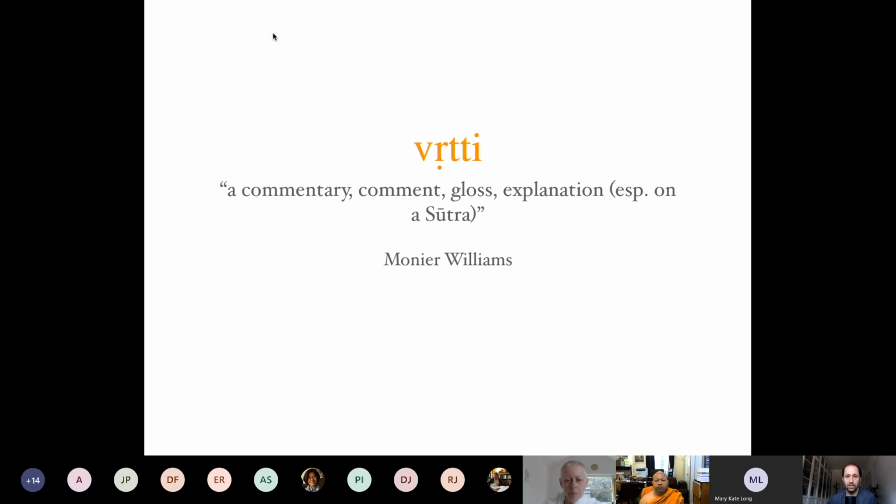In the Monier-Williams Sanskrit-English Dictionary, you will see that one of the definitions of vritti, which applies here, is a commentary, comment, gloss, explanation, especially on a sutra. In the grammatical tradition, there are more technical definitions of vritti, but basically that's what it is. Maybe the etymology of this term vritti could also be related to the fact that it's an ongoing or running gloss or commentary.